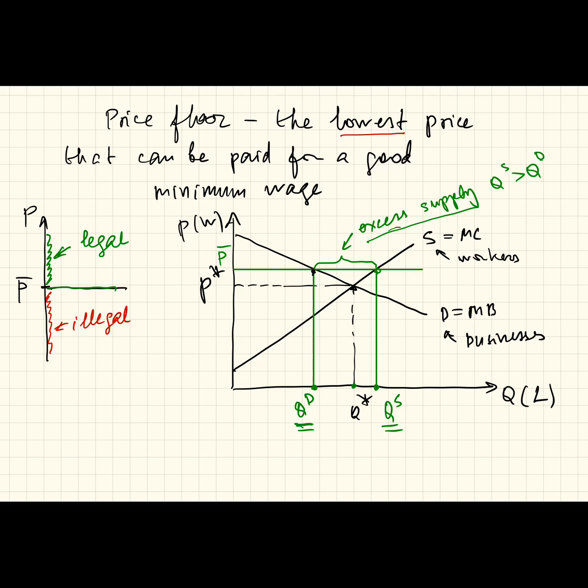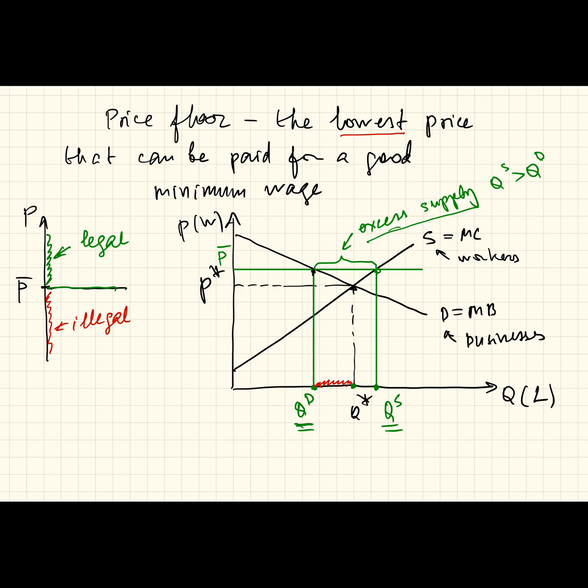But eventually what matters is how many of them really get jobs, which means that we have an effective decrease in employment. So from having Q asterisk workers, or Q asterisk L, we will go down to QD. So these workers actually will be out of jobs.